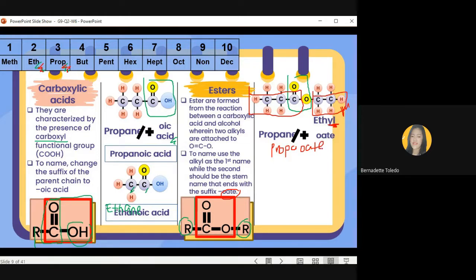Then together we will add the two names, the branch chain and this second chain. But we will put first the alkyl. So the name of this compound is ethyl propanoate.